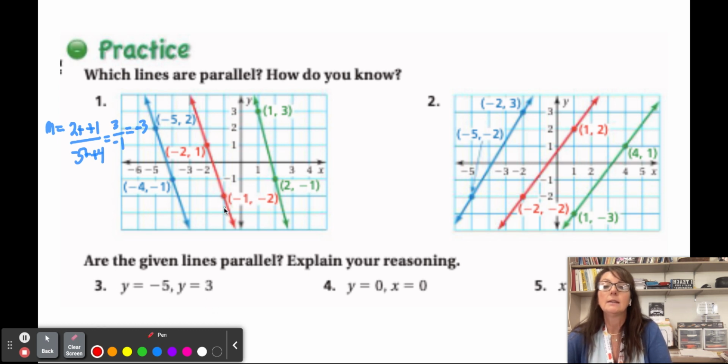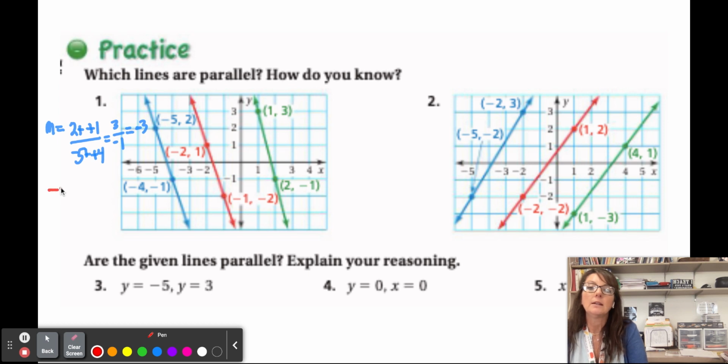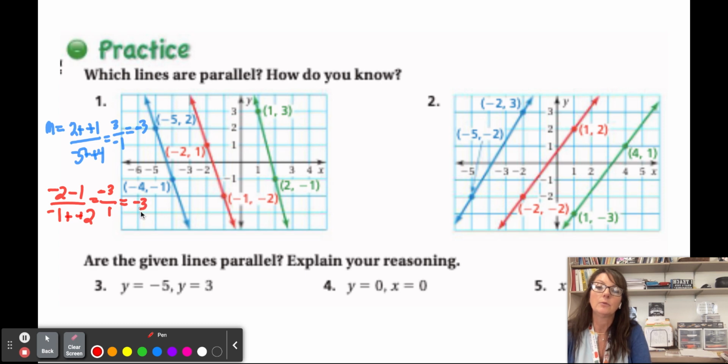The red line has a point -2,1 and -1,-2. If I calculate the slope of the red line, -2 minus 1, the change in y, over the x's, -1 minus -2. -2 minus 1 is -3, -1 plus a positive 2 is a positive 1, so it has a slope of -3.